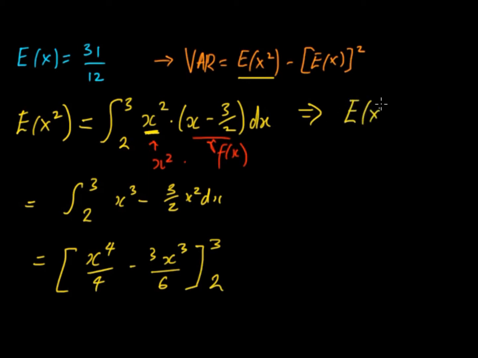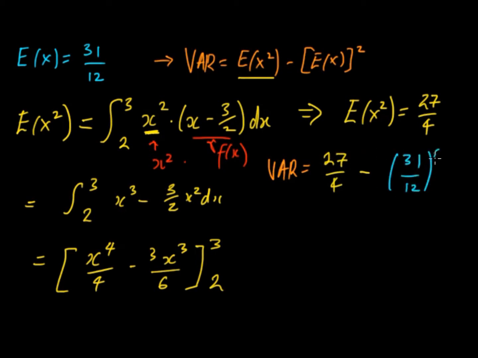We find that E(X squared) is equal to 27 on 4. Now we know that E(X) is there, so now we can work out what the variance is. The variance is equal to 27 on 4 minus 31 on 12 squared.